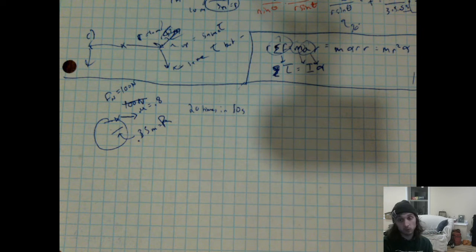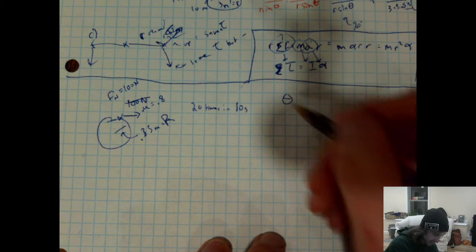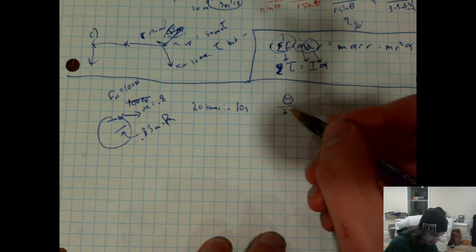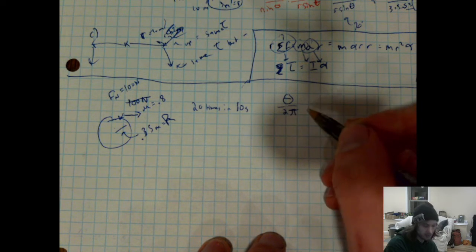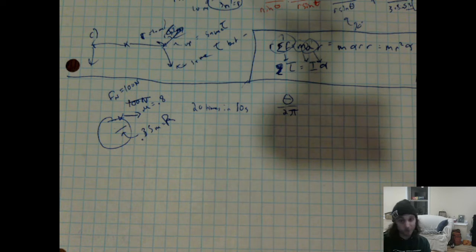I'm asked how many times the bike will rotate before it stops. Well, if I take theta, the angle that it rotates, and divide it by 2 pi, the number of degrees in a single rotation, that'll give me the number of rotations that it does. In order to get theta, I'm probably going to have to use something with kinematics, right?